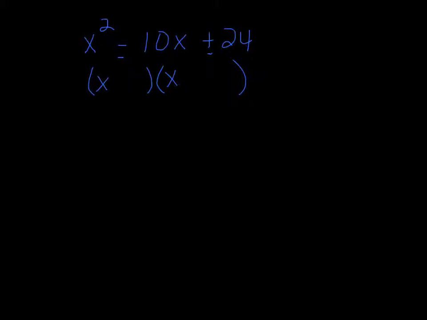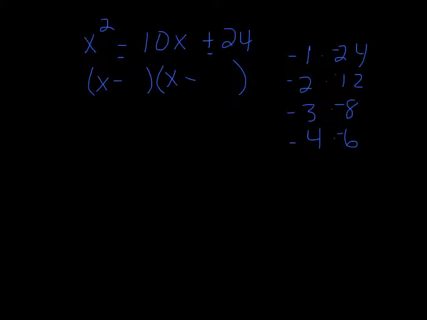So that will tell us that we're going to have 2 negative numbers. Okay, now factors of 24: 1 and 24, 2 and 12, 3 and 8, and 4 and 6. Now remember they're both going to be negatives here because we want them to add up to be a negative number.